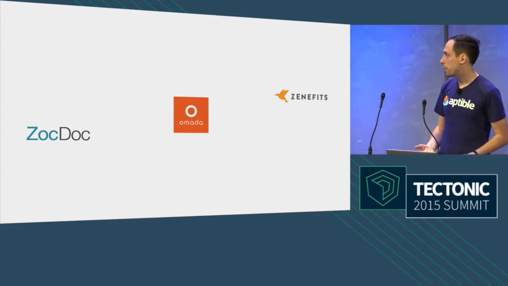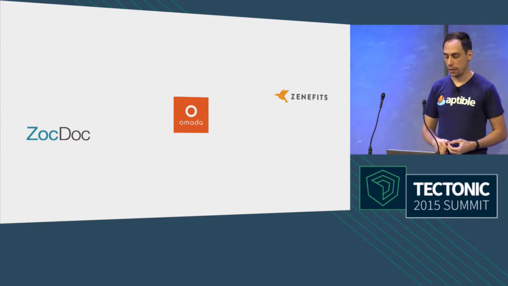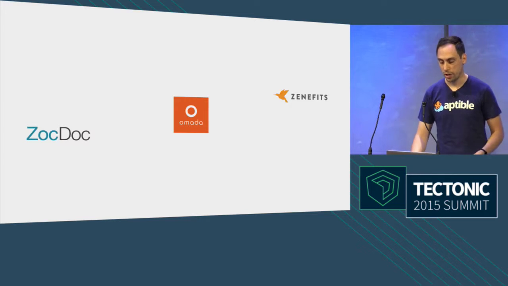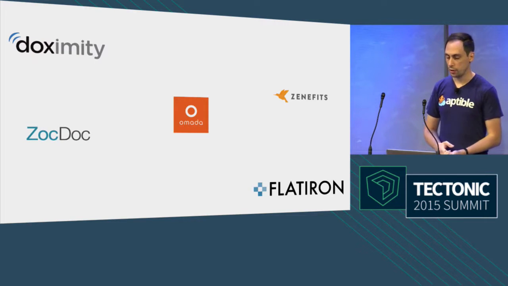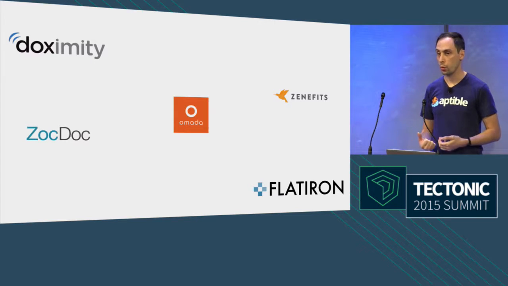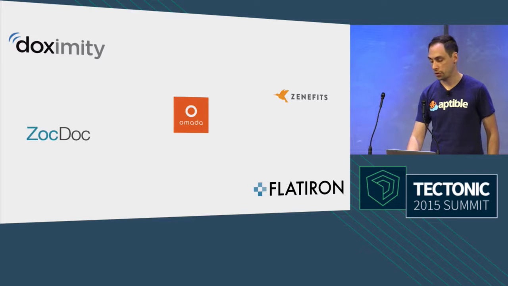These can include companies like ZocDoc that help you book an appointment with your doctor, or Zenefits that helps you obtain health insurance. They also include companies like Omada that provide direct access to medical professionals. It includes companies like Flatiron or Doximity, who build workflow tools for doctors and medical researchers.